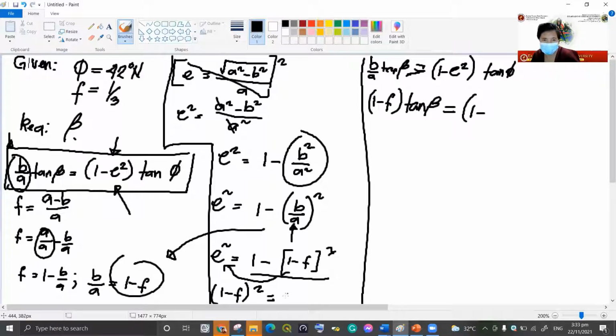So this is equivalent to the square root of (1 minus f) squared tangent of phi.